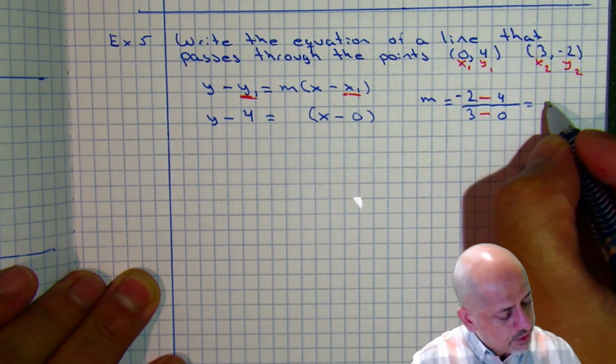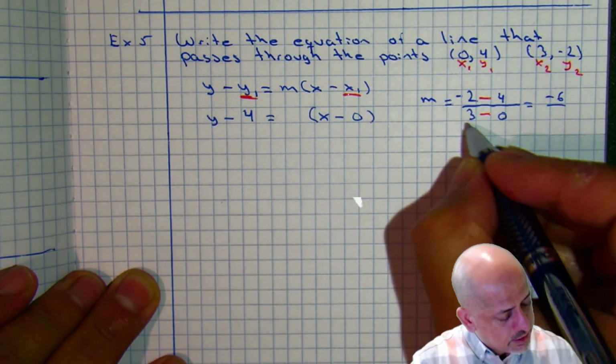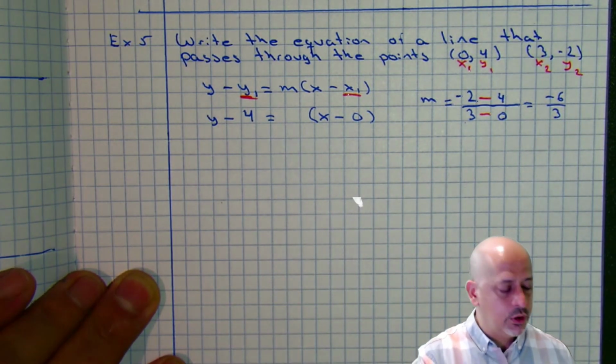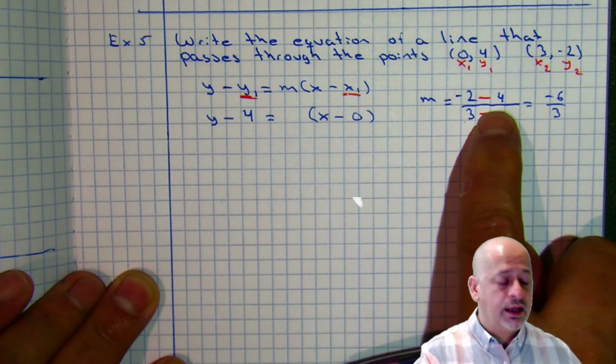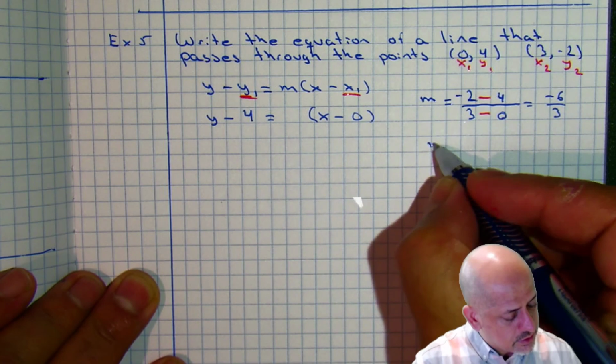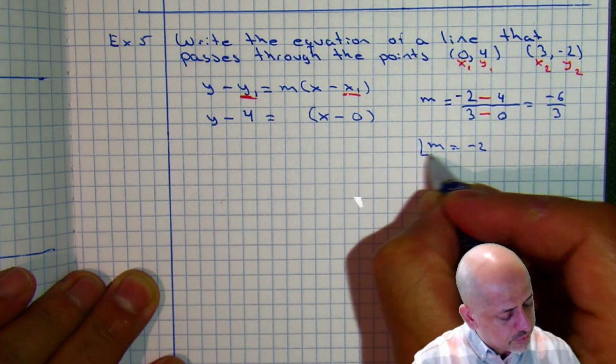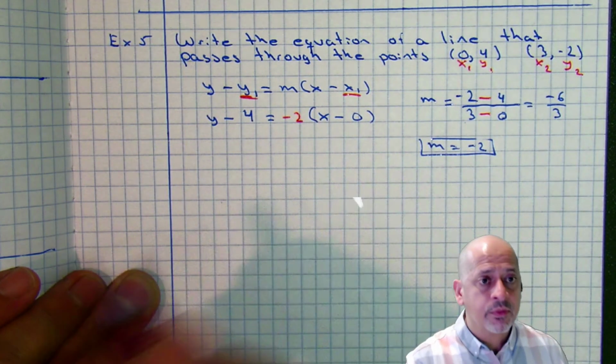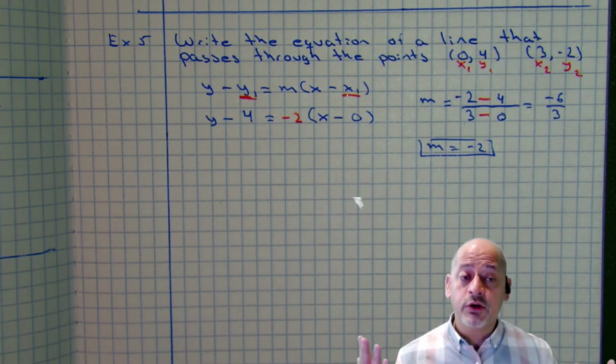Negative 2 minus 4 is negative 6, and that gives me a 3. We don't need the 0, correct? And therefore, my slope is negative 2. So now I'm plugging in a negative 2 as my slope. So that is that point slope form.